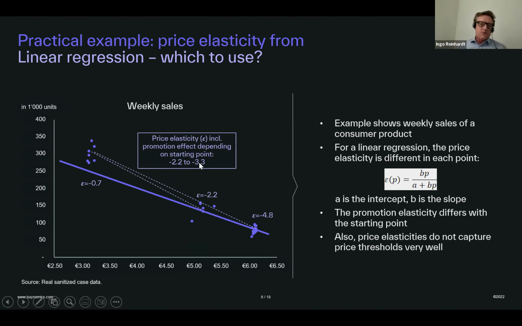So also there is a massive range of different price elasticities, and it's really not clear which one is the correct one to use. And also, we're not showing this on the slide, but you have similar challenges if you're crossing a price threshold and work with an increased elasticity for crossing the price threshold.